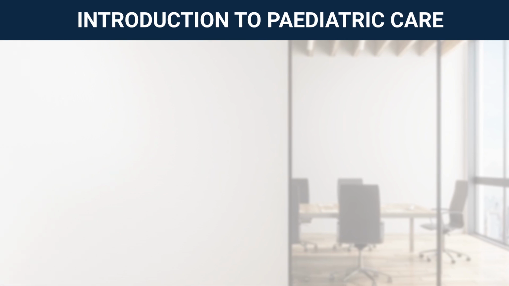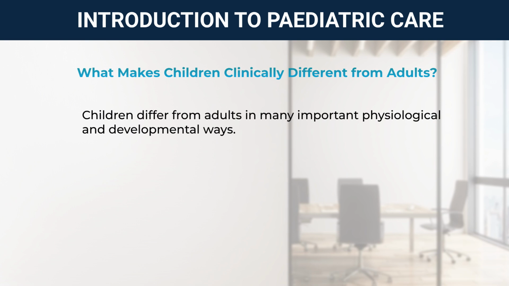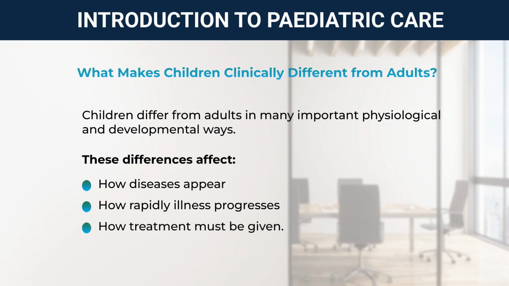Now, let's take a look at what makes children clinically different from adults. Children differ from adults in many important physiological and developmental ways. These differences affect how diseases appear, how rapidly illness progresses, and how treatment must be given.